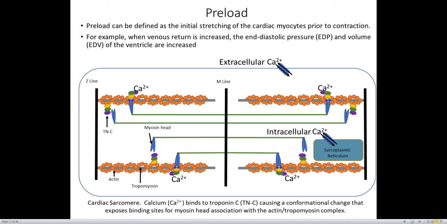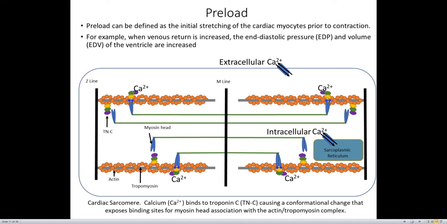When this exposure occurs, the myosin is going to bind to that. There are a lot of processes that occur, but particularly the hydrolysis of ATP is going to cause that myosin and this troponin-actin complex to pivot, and it's that pivoting that causes contraction.